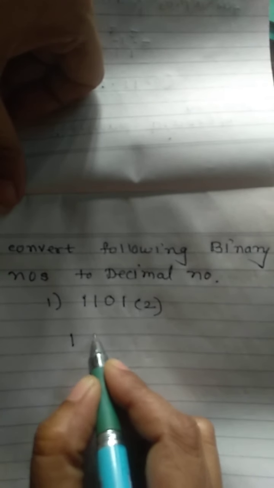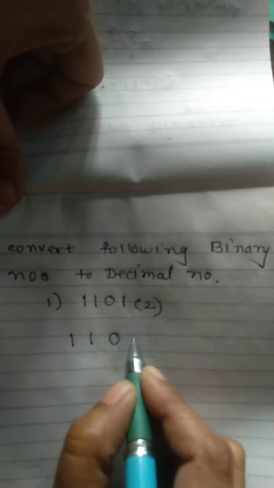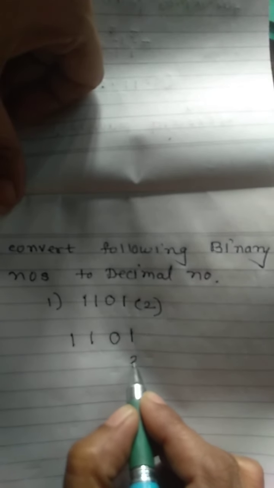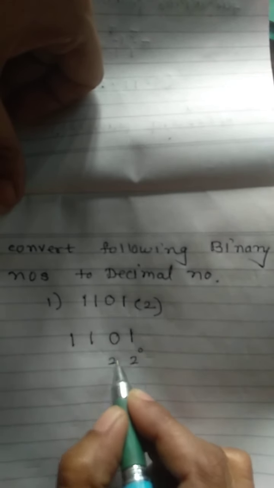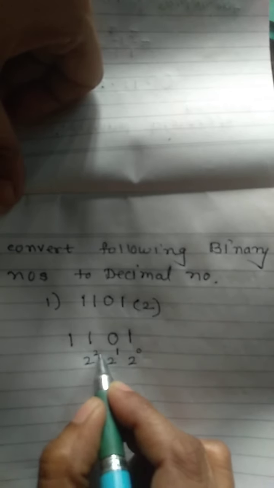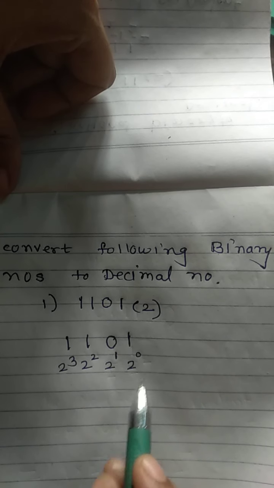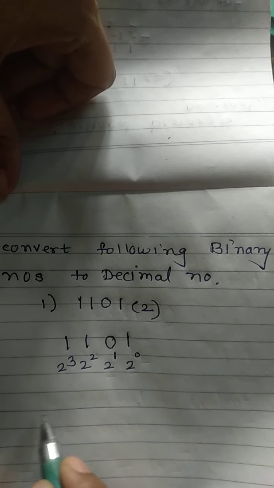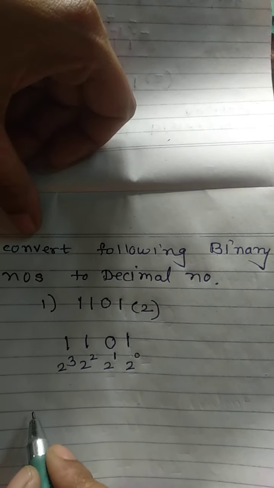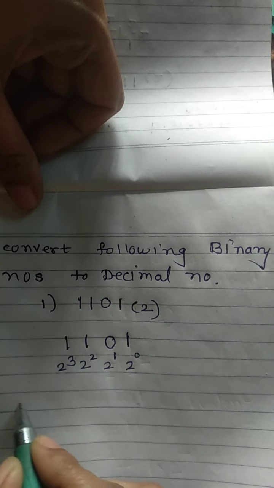You write again 1101. You write here 2 raised to 0, here 2 raised to 1, here 2 raised to 2, here 2 raised to 3. Again, 1 into 2 raised to 0. Before that, what we have to write?